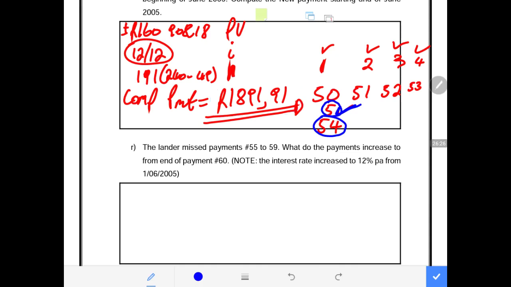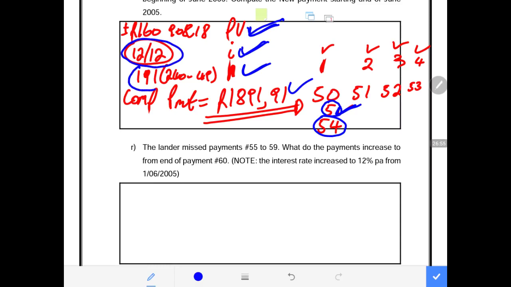So now that means we need to know that there's PMT in the calculator, there's interest, there's N, and there's present value. And in our calculator, as I said, don't clear, our calculator knows that we have present value of 160,908.18 at the interest rate of 12% per annum compounded monthly.